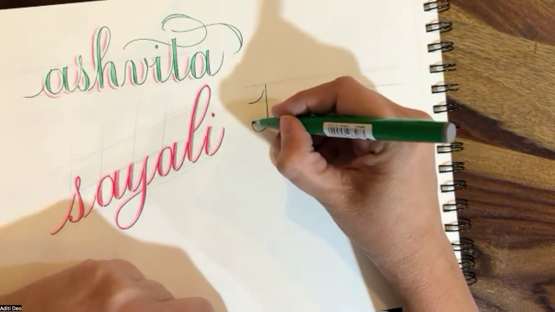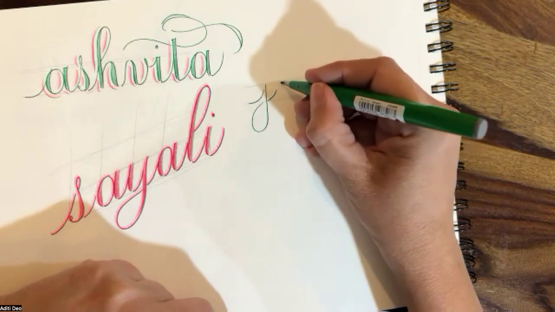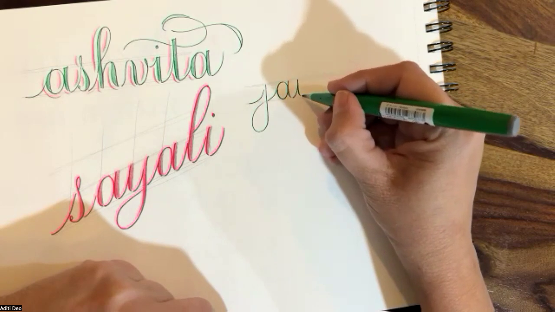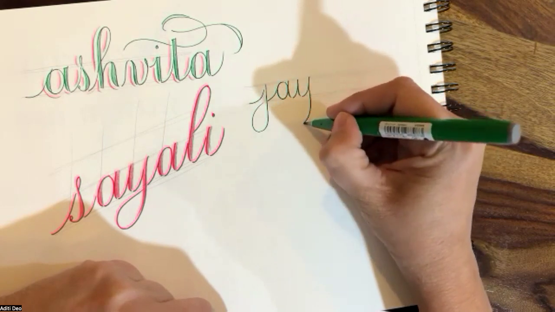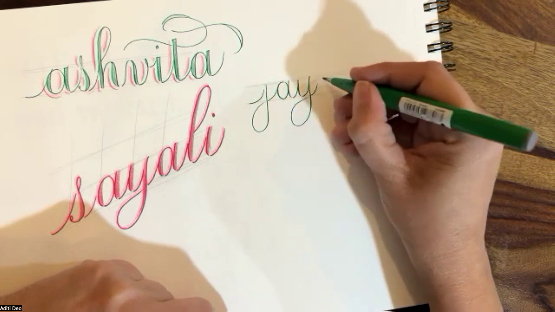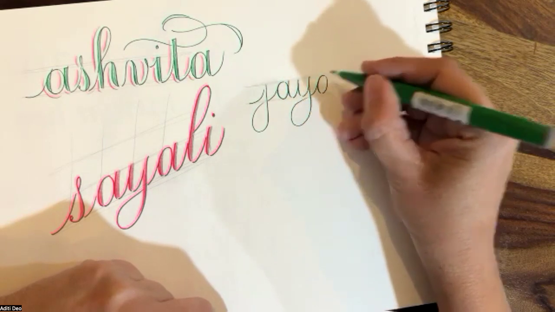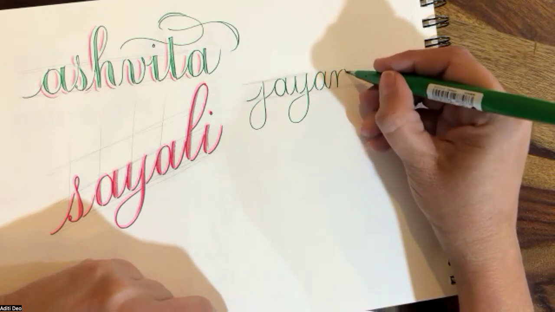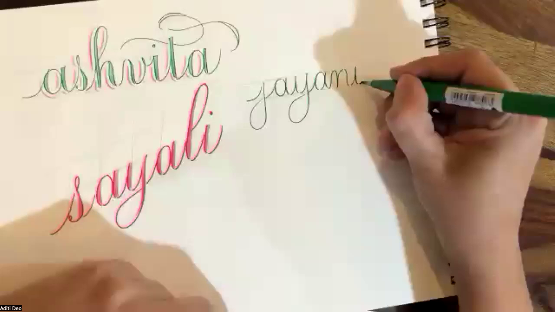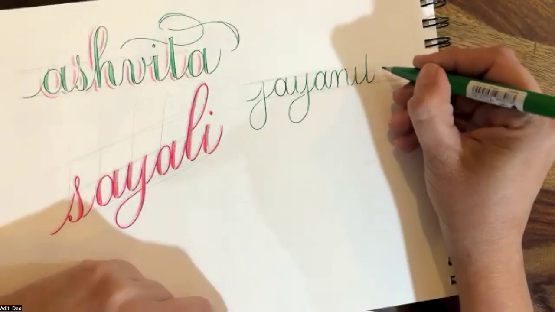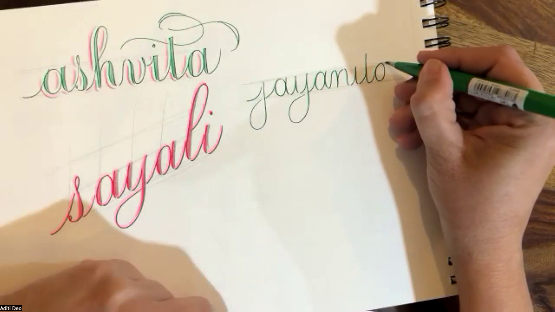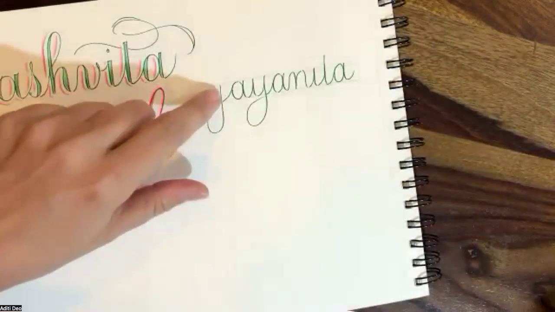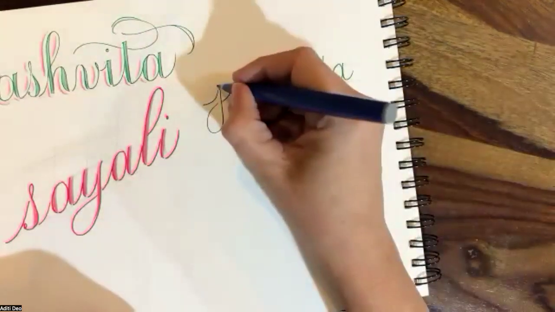So let's see, we have a much wider loop for Jainita's many descenders. And suppose we want to put that thickness coming all the way down.